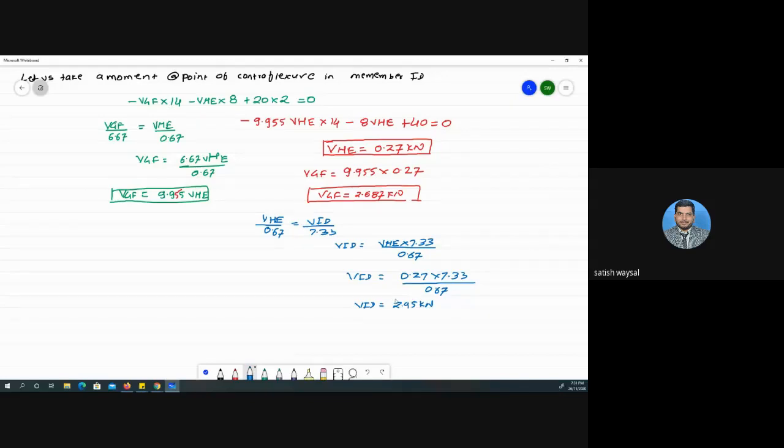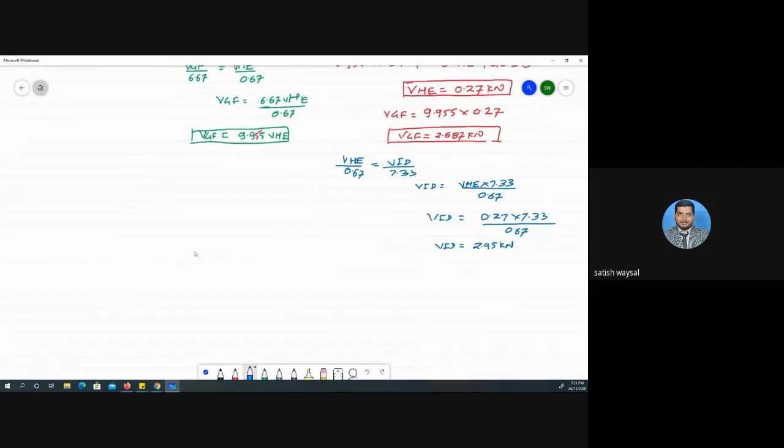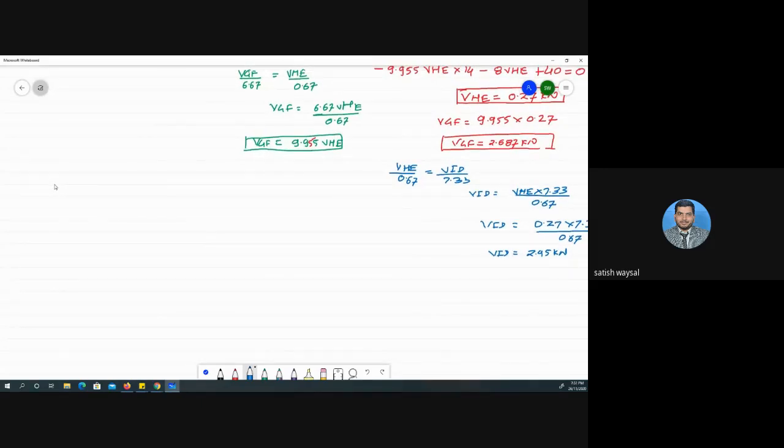Now once we get VID, VHE and VGF, all these three forces are known to you. Then draw a FBD for the given structure. Now the next analysis is similar to the previous one that we already studied.